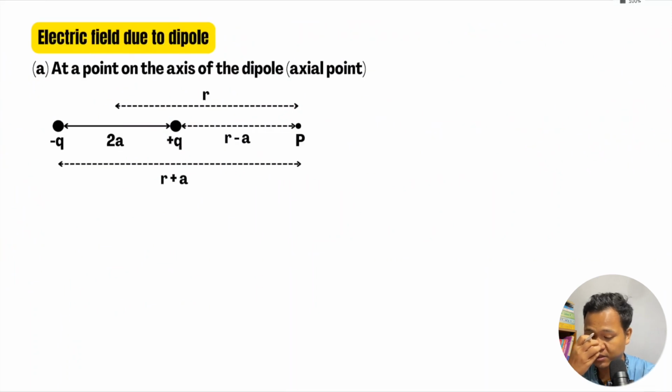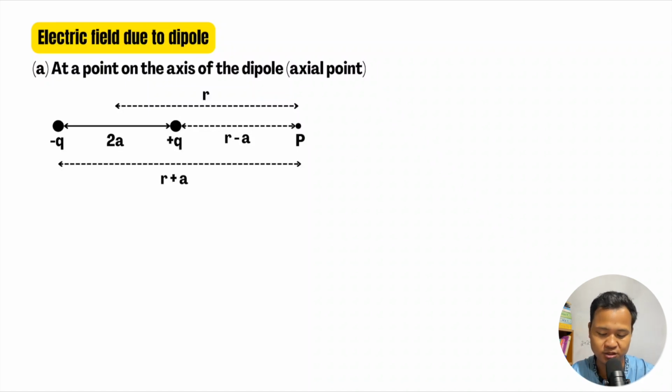Then next, we are going to go into the electric field part of the dipole: electric field due to a dipole and potential due to a dipole. There will be three different derivations: for a point on the axis of the dipole, for a point on the equatorial plane, and for a general point.